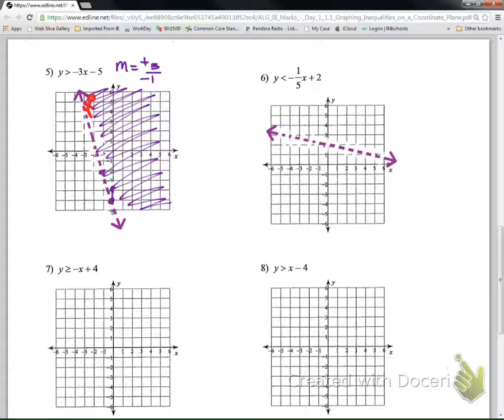Finally, we need to shade. It's less than, so that means it's below the line. So you shade below. If you're ready for number 7, go ahead and push pause, do number 7, and push play when you're ready to check.